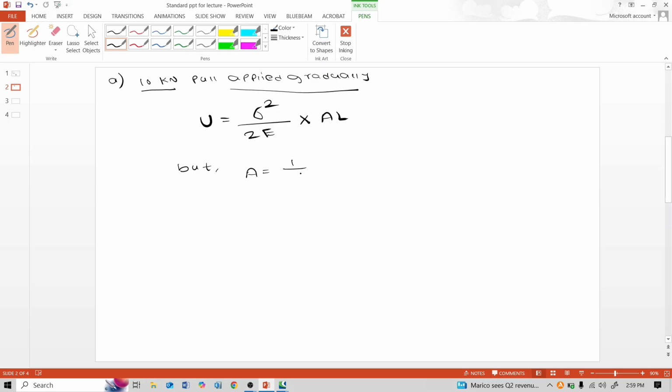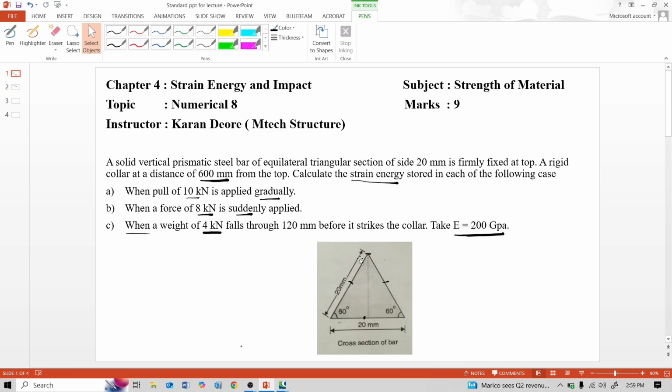So area is equal to half base multiplied by height. Half base is 20 mm and height is basically this. We know this angle, so opposite side upon hypotenuse is sin theta. We use the sin theta equation here. Sin theta is equal to opposite side upon hypotenuse.